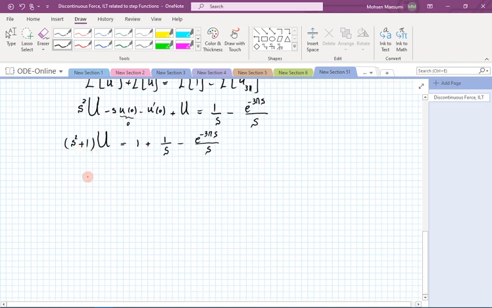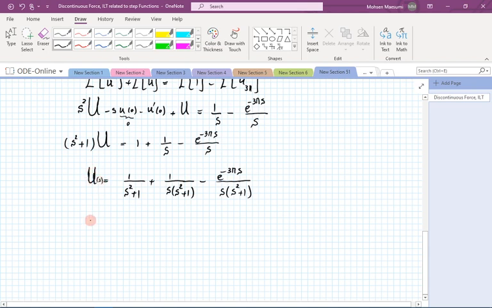Now I divide by this, so U becomes 1 over s squared plus 1 plus 1 over s times s squared plus 1, and then finally minus exponential of minus 3 pi s over, same thing, luckily is the same denominator. So this is the Laplace transform of little u.